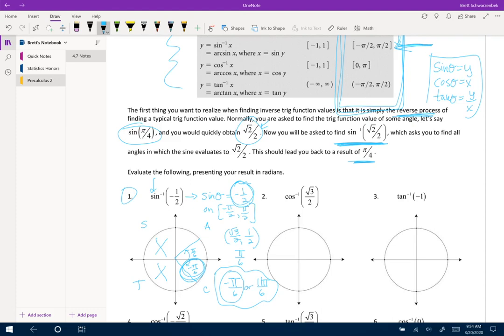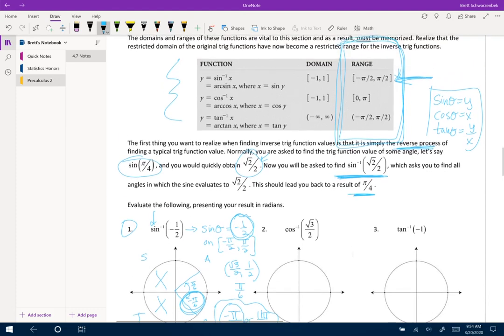So cosine inverse of √3/2, positive. So if you look up here, the cosine inverse has a range of 0 to pi. So what are we looking for? We're looking for the value of theta where the cosine of theta is going to be √3/2 on 0 to pi. So this has changed a little bit.